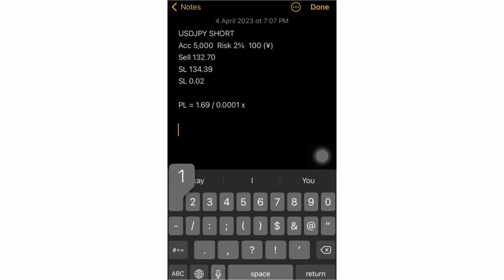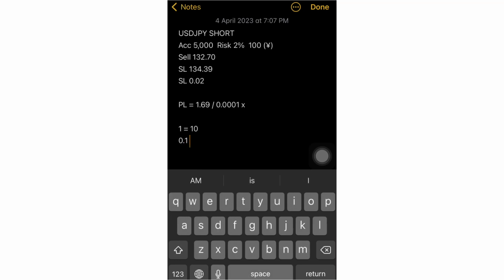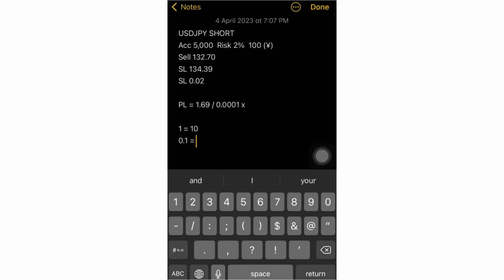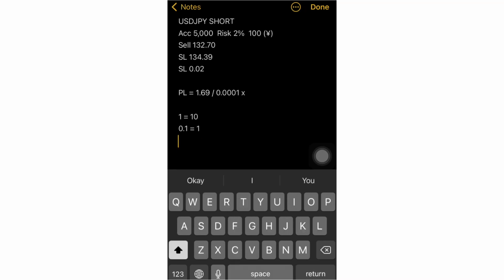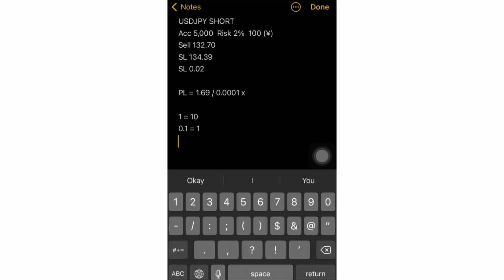The constant formula is that 1 lot size equals 10 in quote currency, 0.1 equals $1, whatever in quote currency. But for the sake of this, we are using Japanese yen, so it should be in cents.